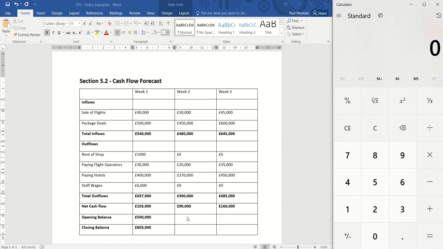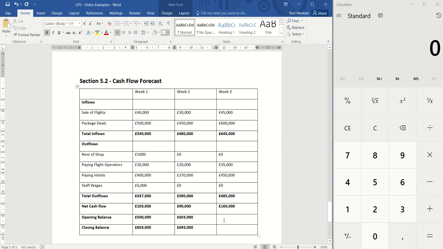For the second week then, the opening balance of the second week is the same as the closing balance from the first week. So we've got 603,000. And again, all we need to do is add the 90,000, which is your net cash flow, to that opening balance to get your closing balance for the week. So it's 693. That's it.